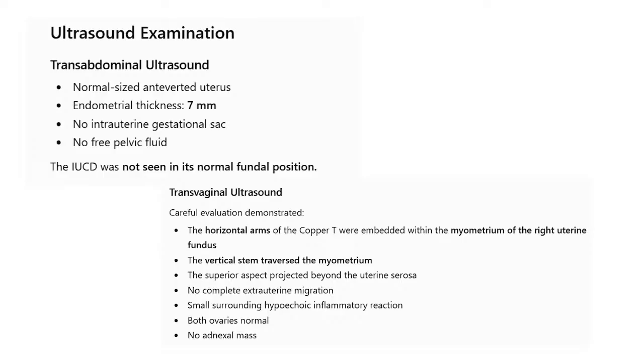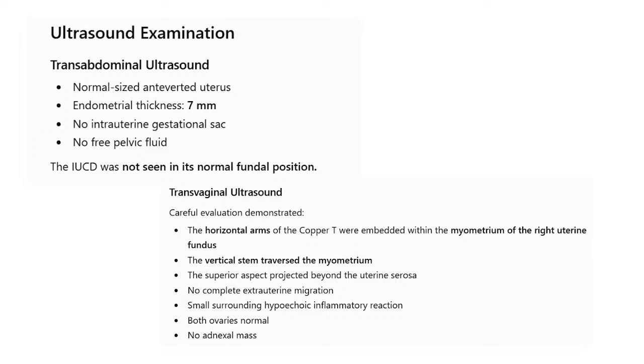Ultrasound examination. Transabdominal ultrasound: normal size and anteverted uterus. Endometrial thickness 7 millimeters. No intrauterine gestational sac, no fluid was noticed. The IUCD was seen in a normal fundal position.